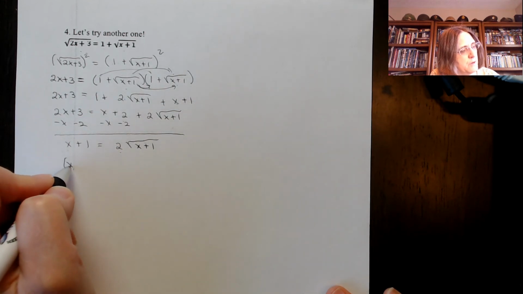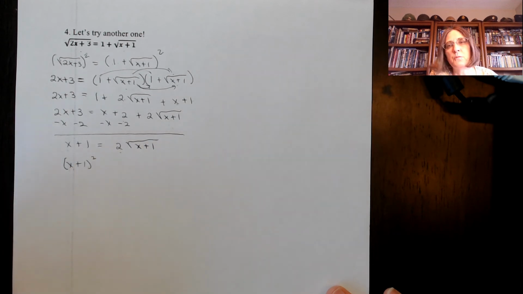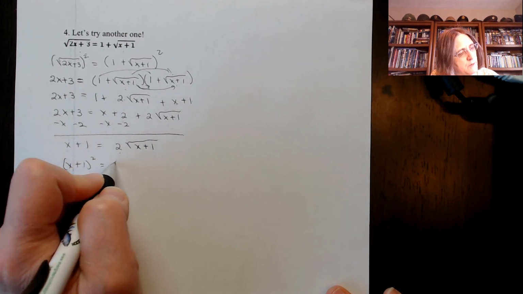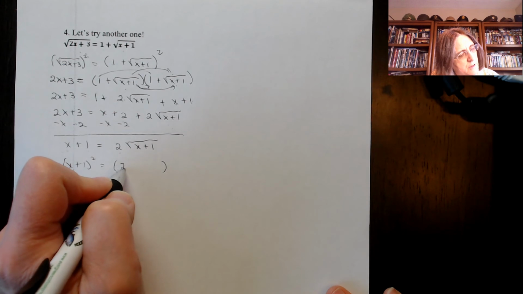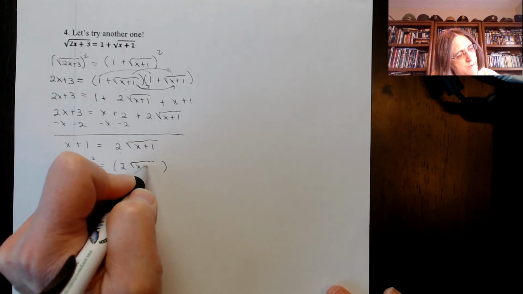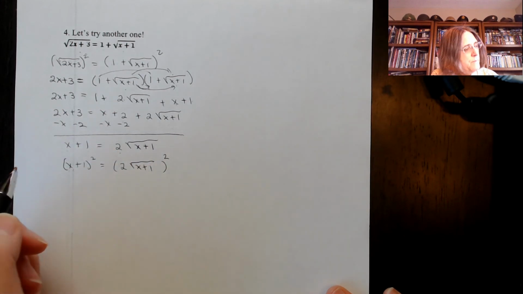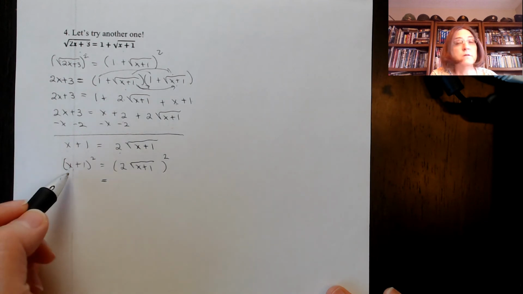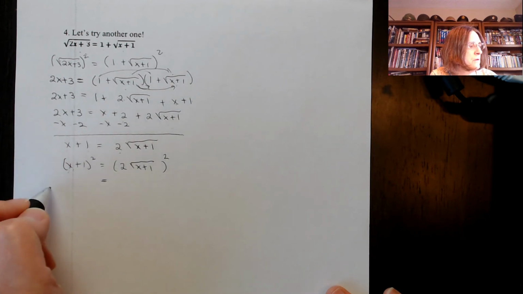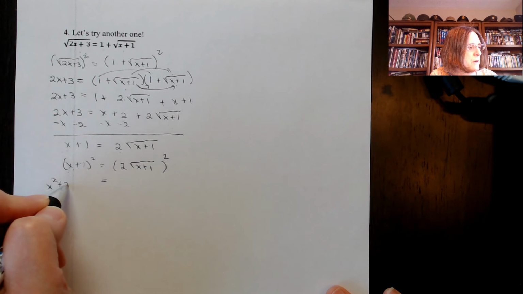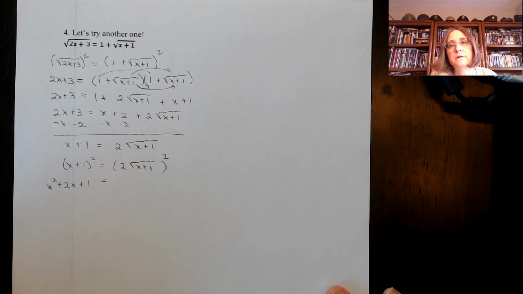So on the left side, we're going to square the binomial x plus 1, and on the right side, we're going to square the single term 2 times the root of x plus 1. On the left side, we have FOIL. Using FOIL, multiplying this out, we get x squared plus 2x plus 1.